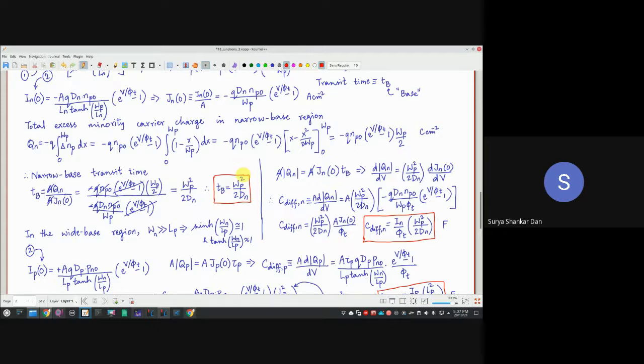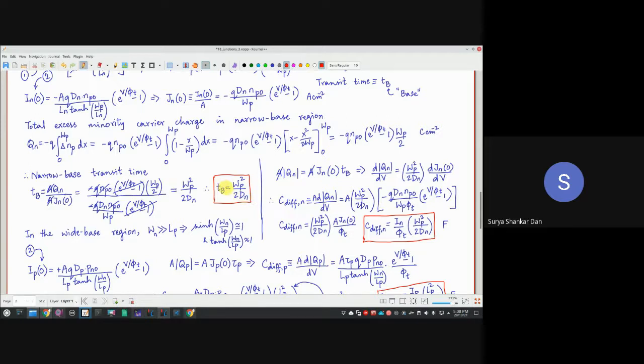Physically, that is a lot of mathematics. What is happening physically? Dn is the diffusivity of the electrons in the n-type carriers, electrons in the p-type region. What is the p-type region?